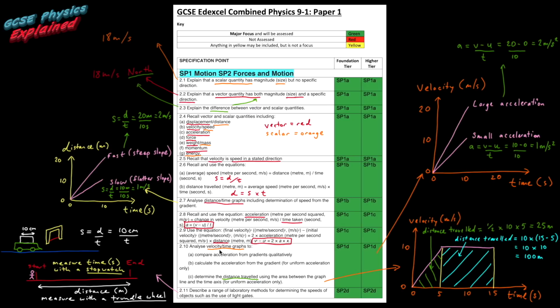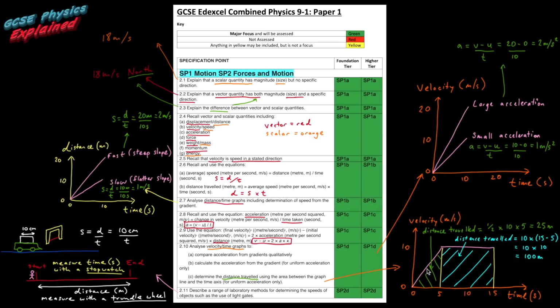You need to be able to analyse velocity-time graphs to compare acceleration from the gradients qualitatively, which just means working out the gradients without using numbers, and also calculate the acceleration from the gradient, which means using numbers, and determine the distance travelled from the velocity-time graph.